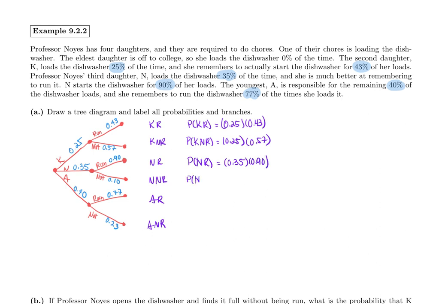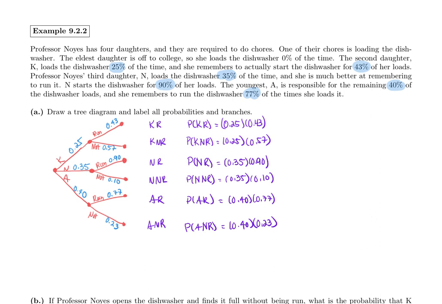The probability of N loading and not running is 0.35 times just 0.10. The probability of A loading and running would be 0.40 for loading and 0.77 for running. And the probability of A loading and not running would be 0.4 and 0.23.